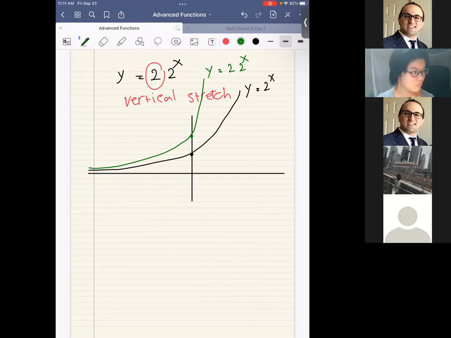But there is also another way to look at this 2 times 2 to the power x. Any suggestion? You have the same base. You have 2 and you have 2 to the power x. When you multiply two numbers with the same base, what can you do? You can just add the exponents, right? Like, what is 2 to the power 3 times 2 to the power 4?